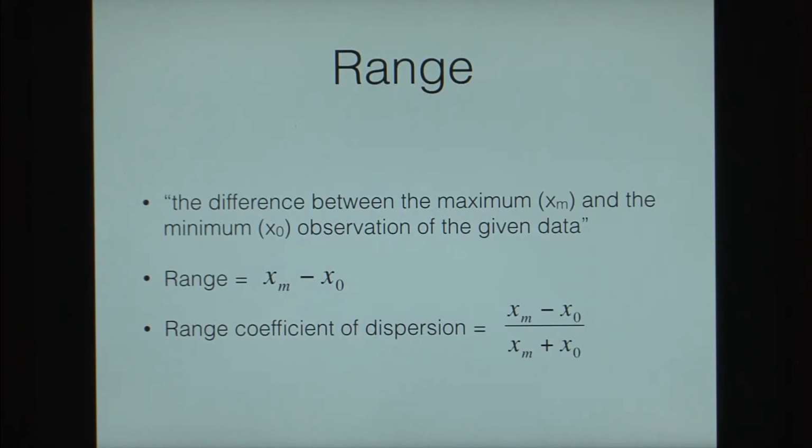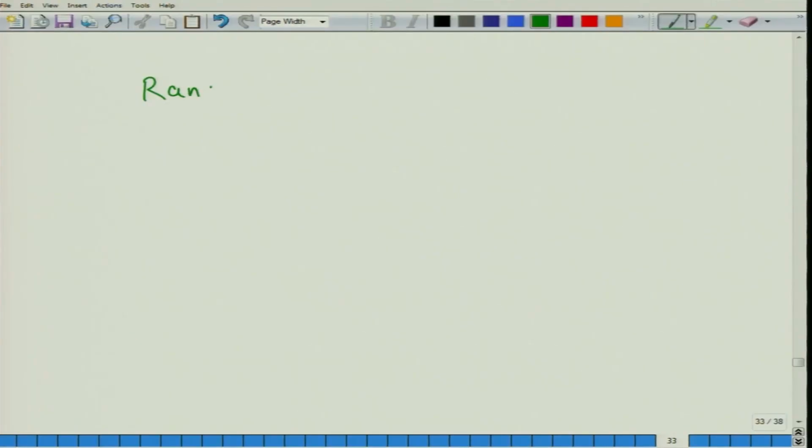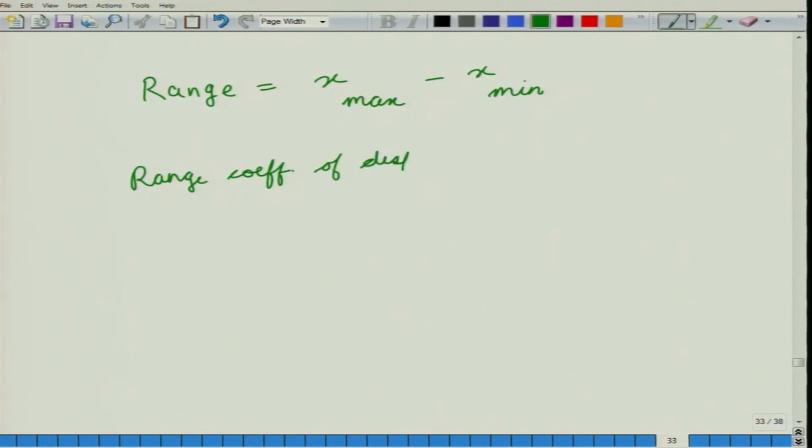Or to put it mathematically, range equals x max minus x min. So these are the maximum and the minimum values. On the other hand, the range coefficient of dispersion equals x max minus x min divided by x max plus x min.